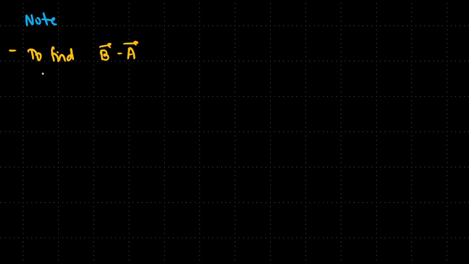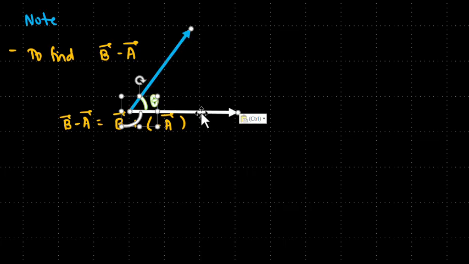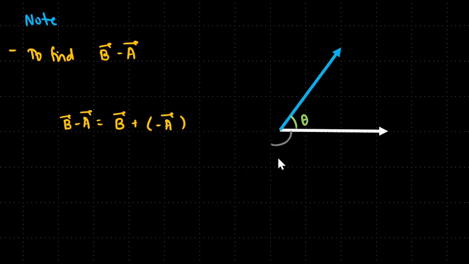So to find this, we know that vector b minus a is basically vector b plus minus vector a, right? So we know this. So since we know this, what we can do is I'm gonna copy this top part at least. So let's bring it right over here. Let's move it, and let's delete the things that we don't need right now.